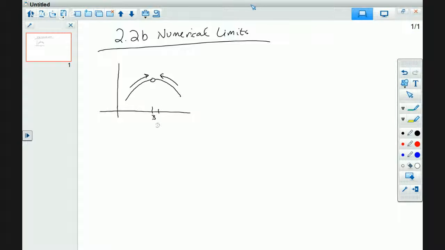We want to get closer and closer from both sides. Maybe we have to come from both sides.